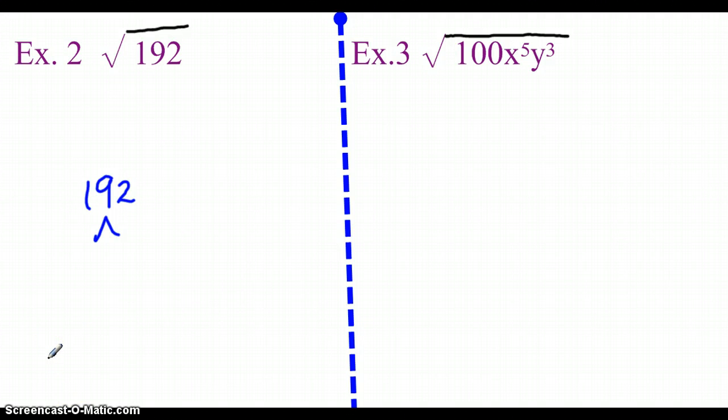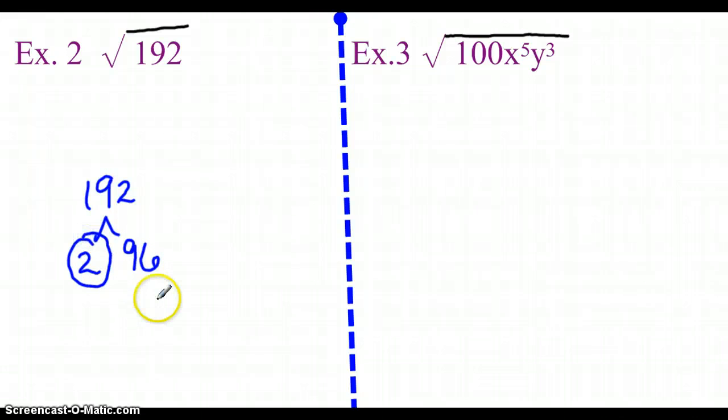Now the only thing I know about 192 is at least it's even, which means that 2 will go into it. So 2 and 96 multiplied together will give me 192. That's prime, and I'm going to keep breaking this one down. So this one, when I look at it, I think 3.